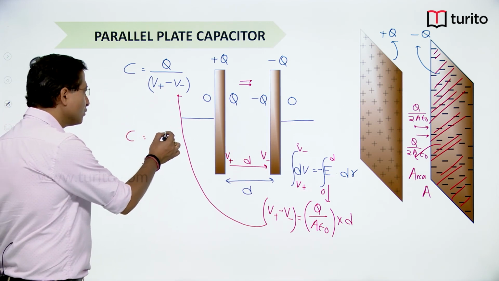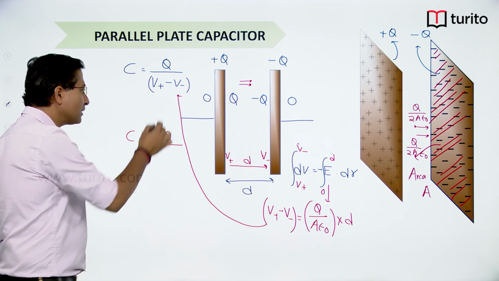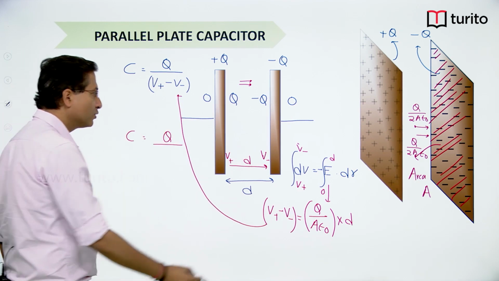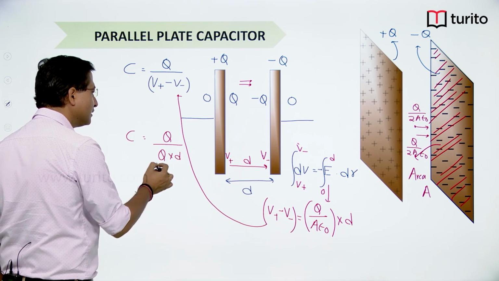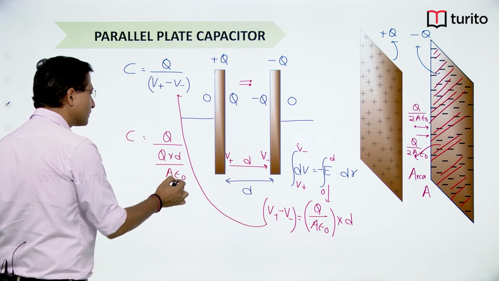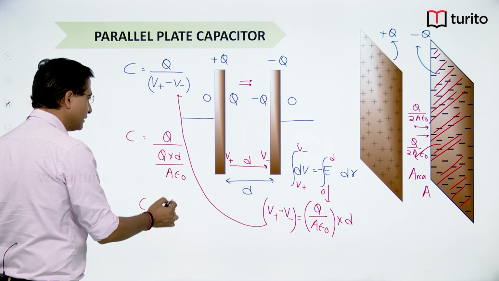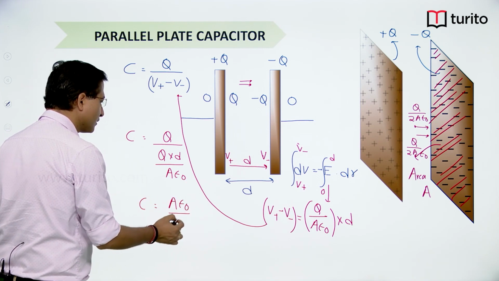So, Q divided by V plus minus V minus, that is Q divided by Q into d divided by A epsilon naught, right. So, the capacitance is A epsilon naught by d.